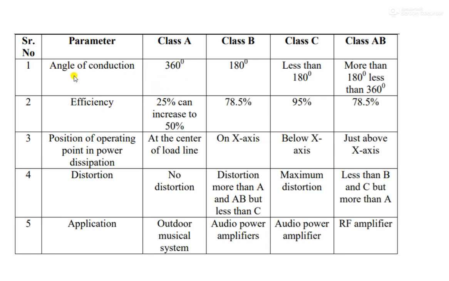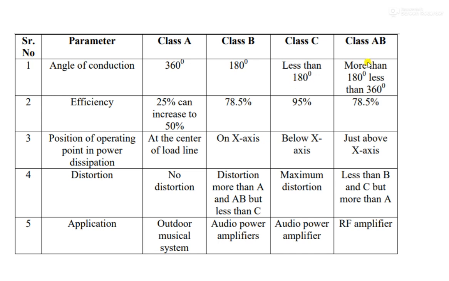For class B it is 180 degrees, that means half cycle. In a class C power amplifier, it is less than 180 degrees, that means less than half cycle.